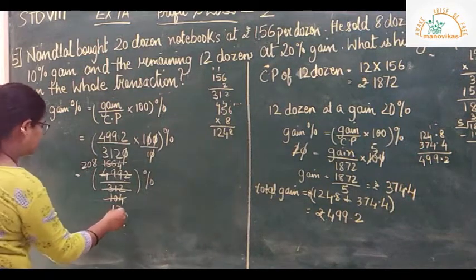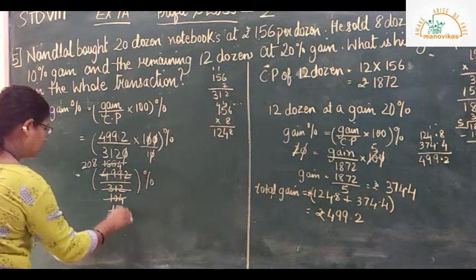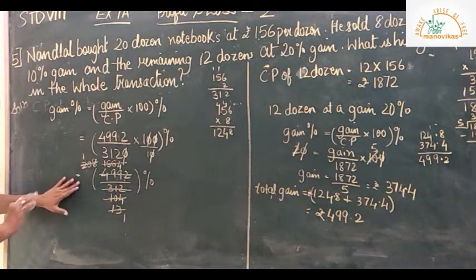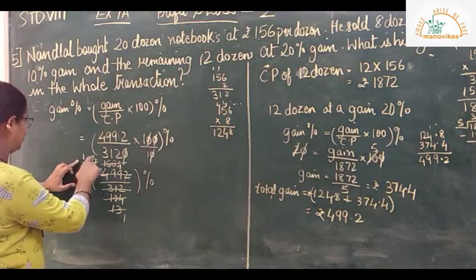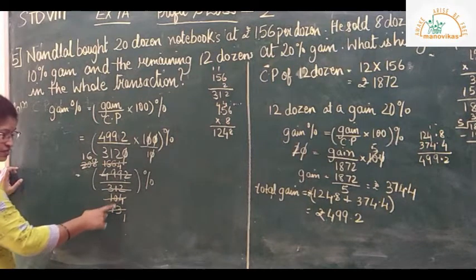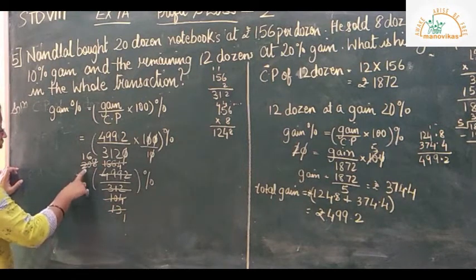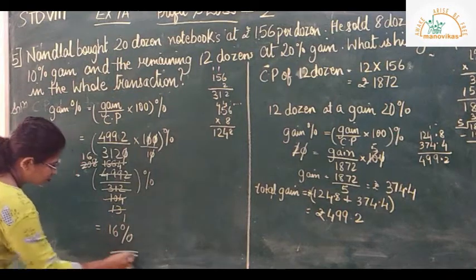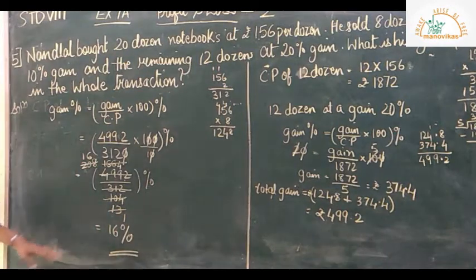Then this comes to 13, 13 ones are 13, and 13 6s are 78. So it comes to 16%. So this is my final answer.